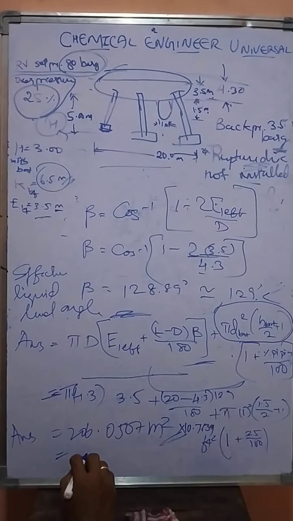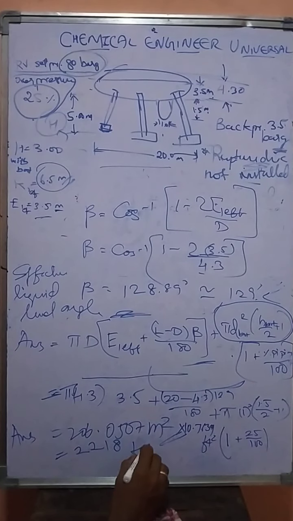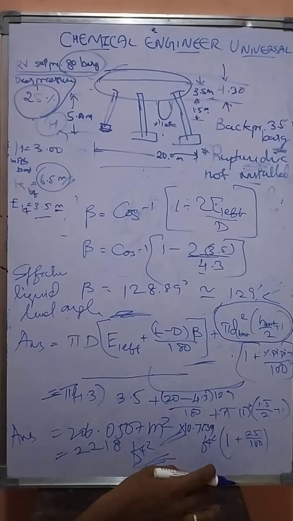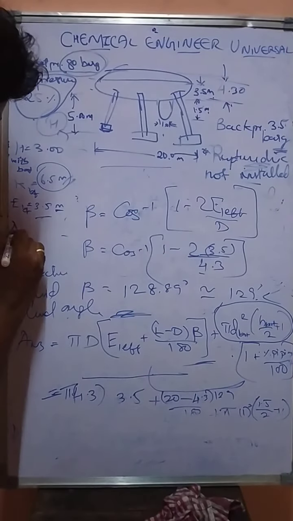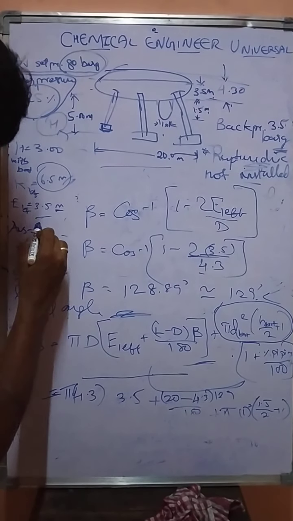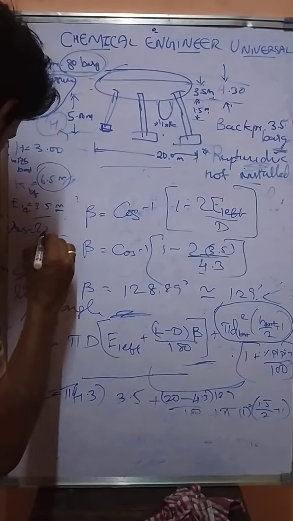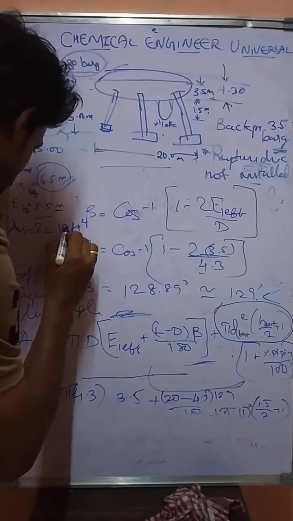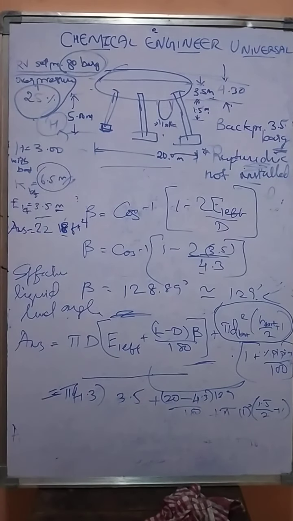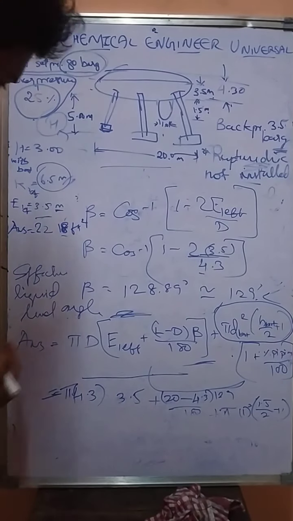You will get around 2218 feet square. So this is the feet square we got. Now we can calculate the vapor load and as well the orifice size, right? So we just write it here: AWS is equal to 2218 feet square. And we know the length, everything we know.